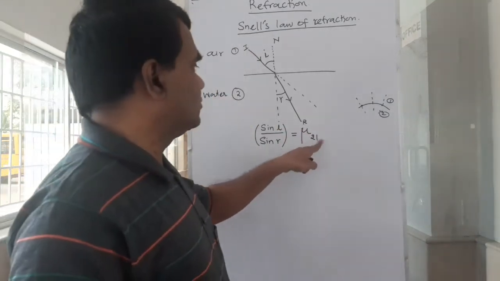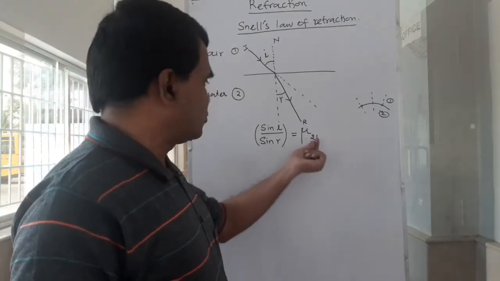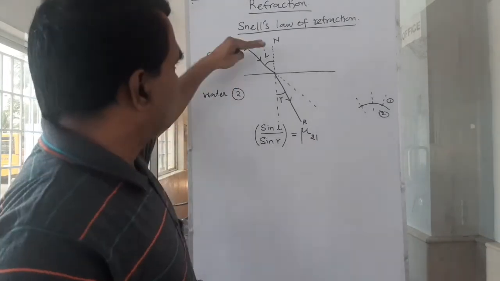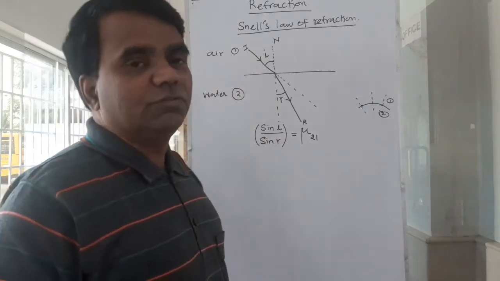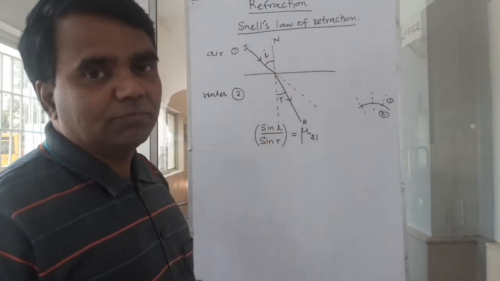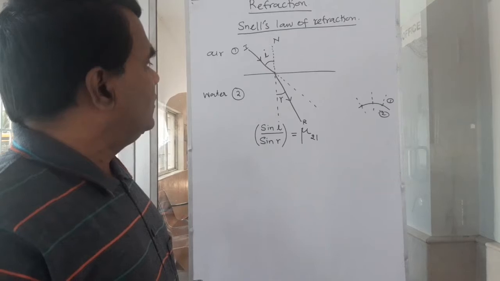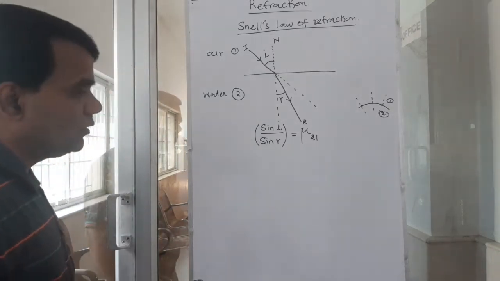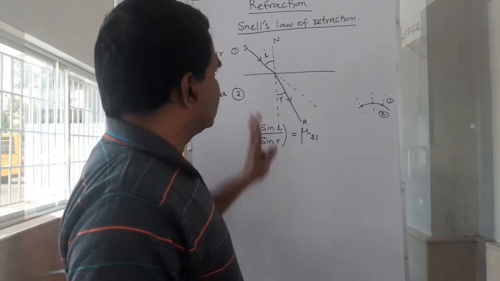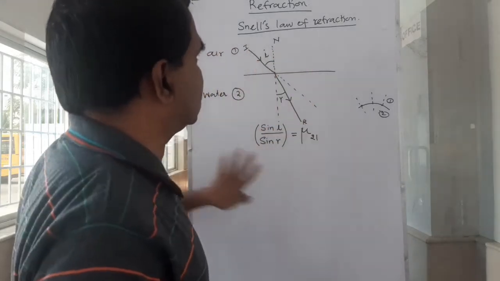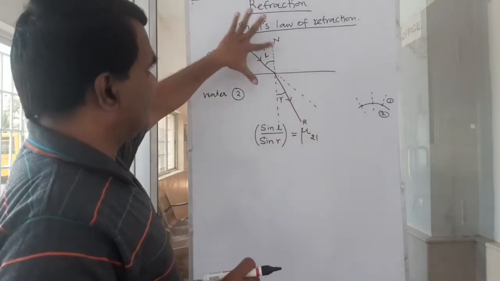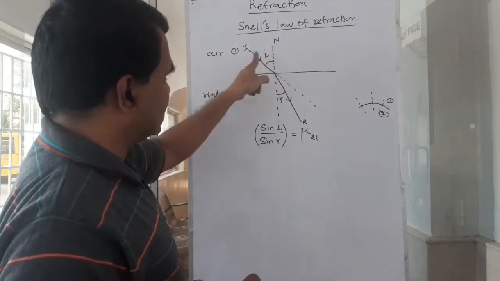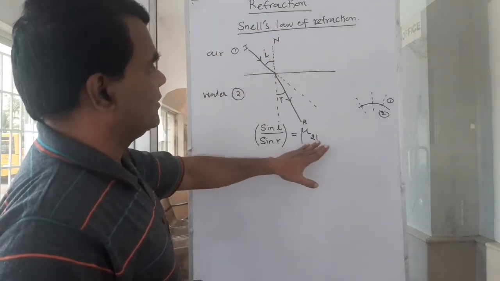This is mu equal to mu 2 1, meaning the refractive index of 2 with respect to 1, when you have two mediums here. So this is Snell's law. These three things, I, R and N, must lie on the same plane, and sin I divided by sin R is a constant.